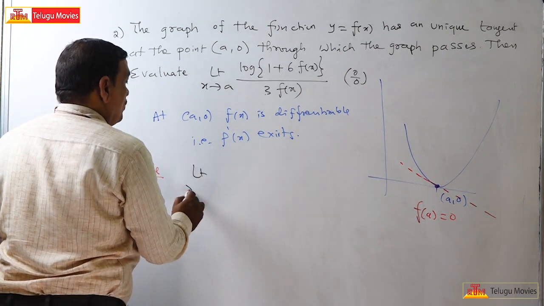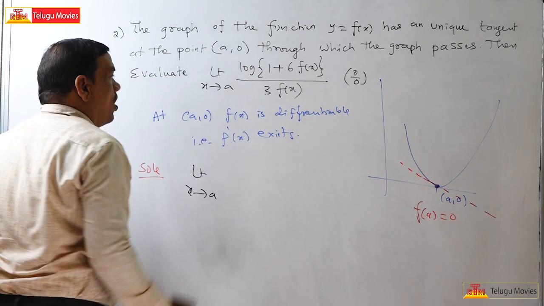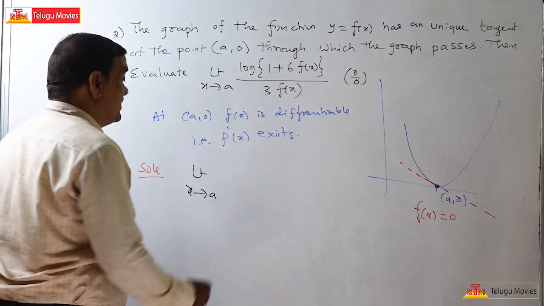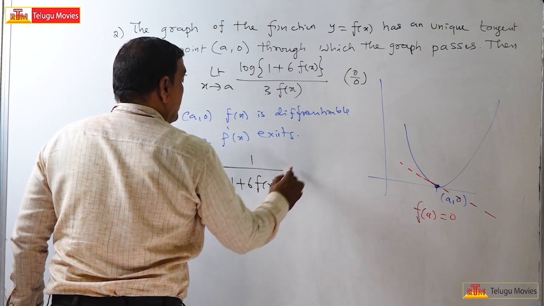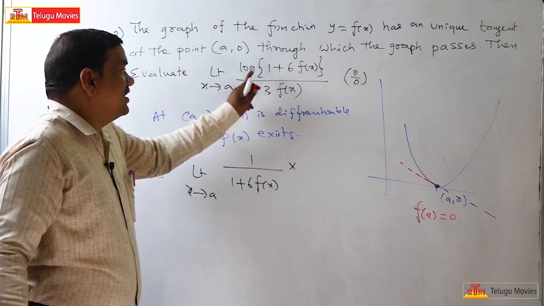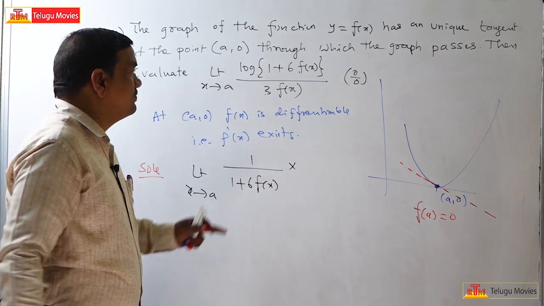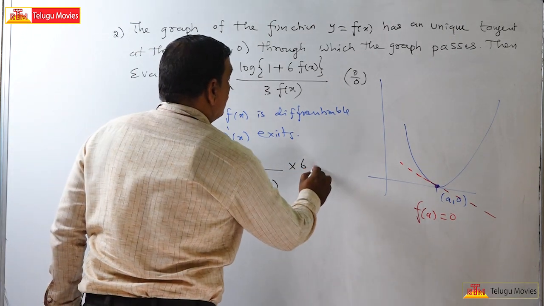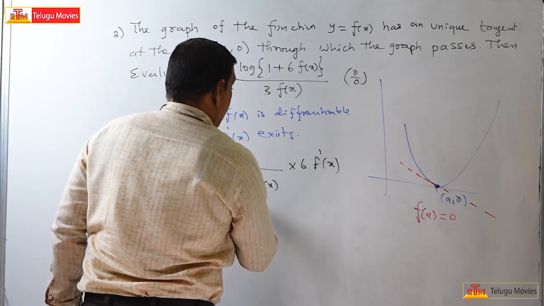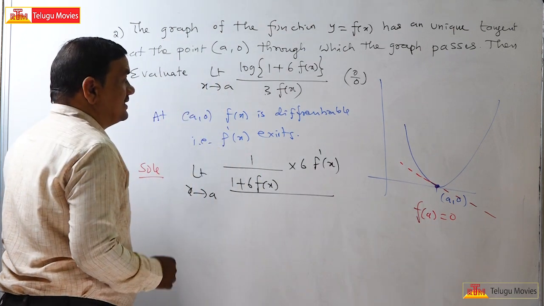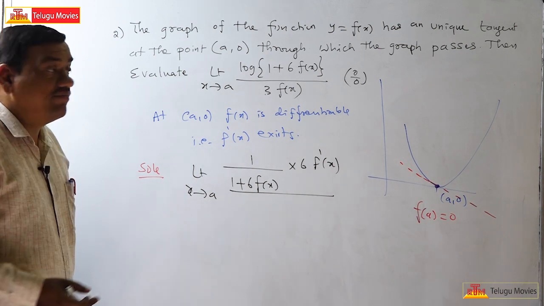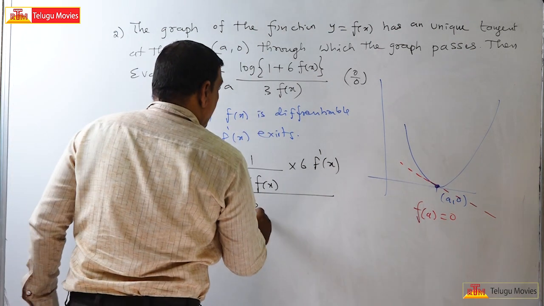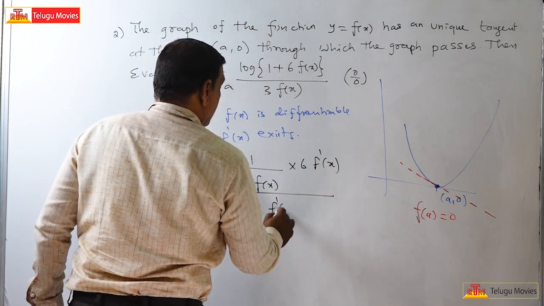So this is equal to limit x tends to a, log x derivative 1 by x, that is equal to 1 by 1 plus 6 times f of x into, what is the derivative of 1 plus 6 times f of x? The derivative of 1 is 0, 6 into f dash of x, by 6 times f of x derivative, f dash of x, by 3 into f dash of x.